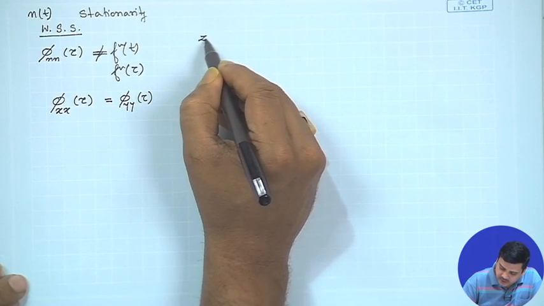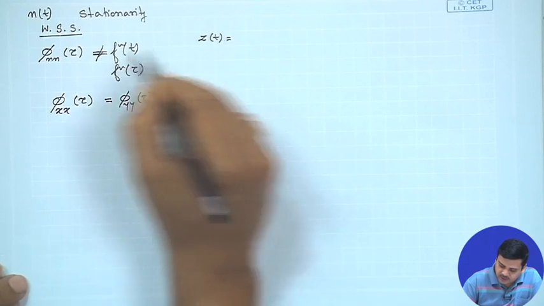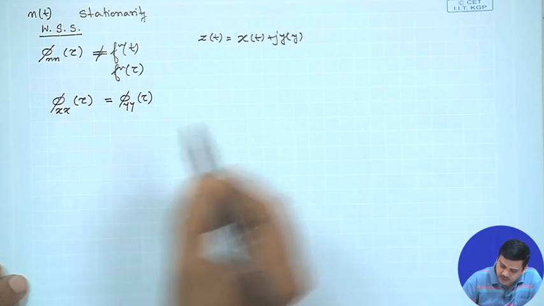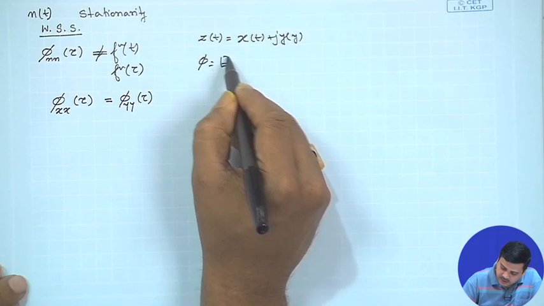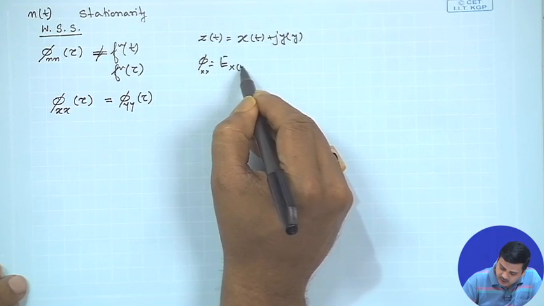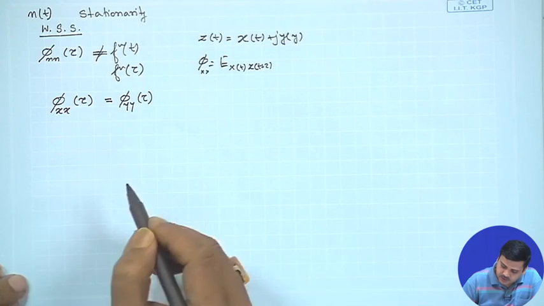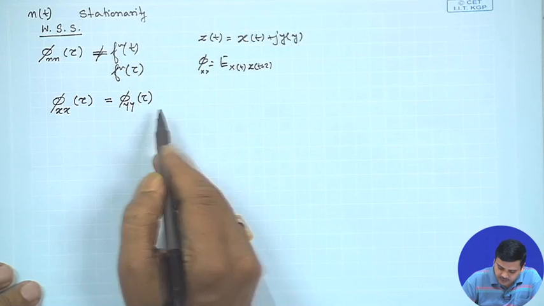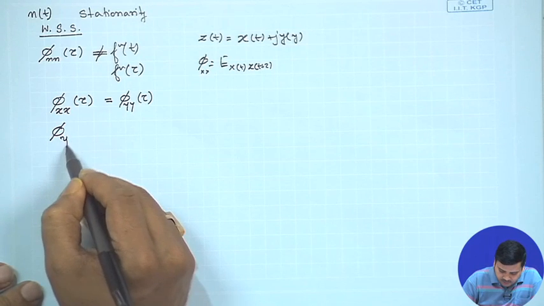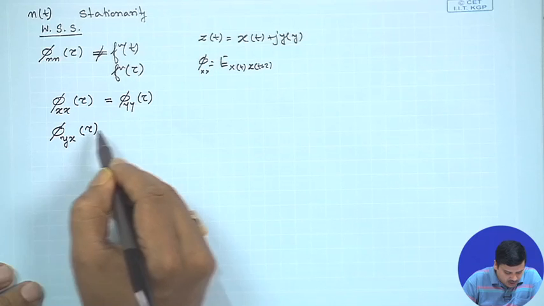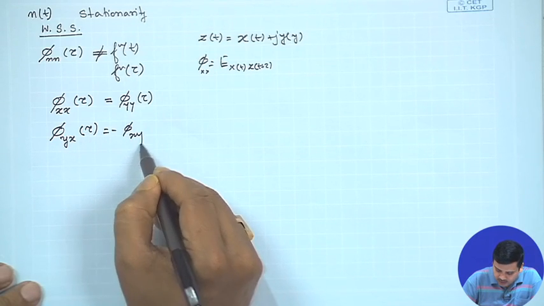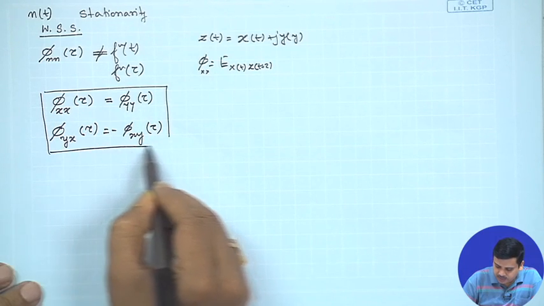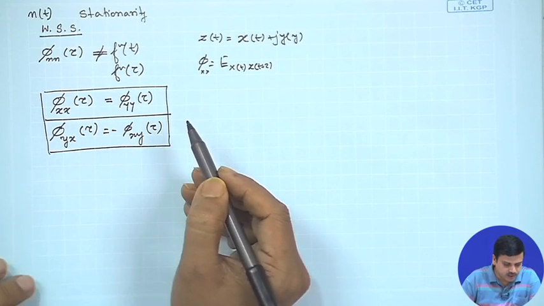We also said that if z(t), which is the complex envelope of n(t), is represented as x(t) plus j y(t), then phi_xx is the expectation of x(t) times x(t plus tau), and similarly phi_yy. So this is one of the relationships that we had, and we also had phi_yx of tau equal to minus phi_xy of tau. These are the two conditions that we had established in the earlier discussion.